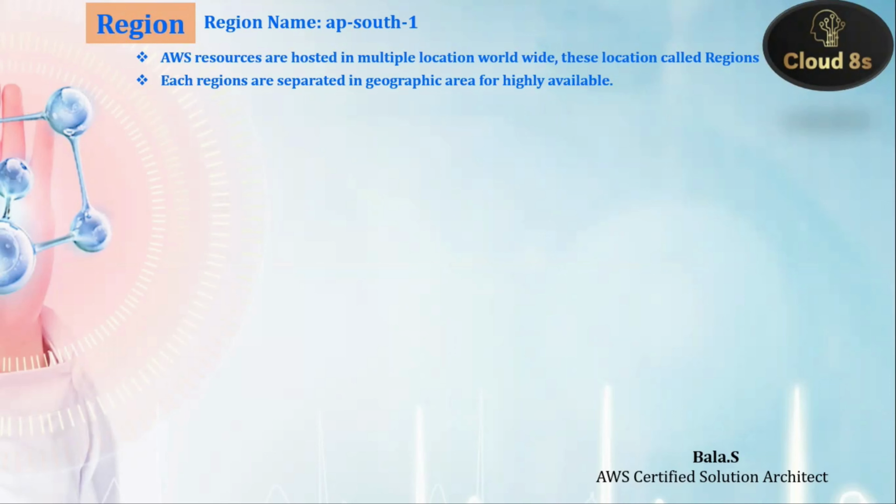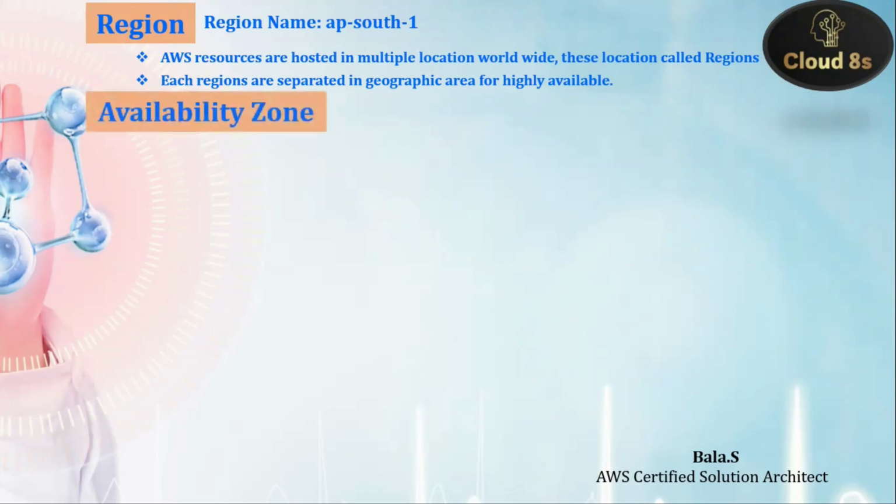Maybe you are in India, and in case you deploy your resources in the US or somewhere else, then when you access the application or server, you will get some latency. That's the reason AWS always recommends choosing the nearby region to access our application, server or AWS services with low latency. So that's all about regions.